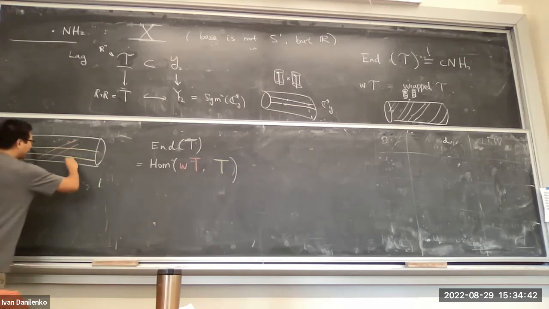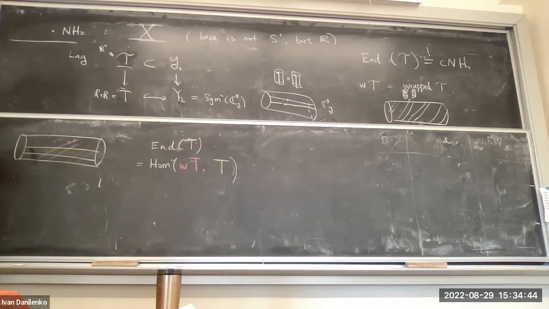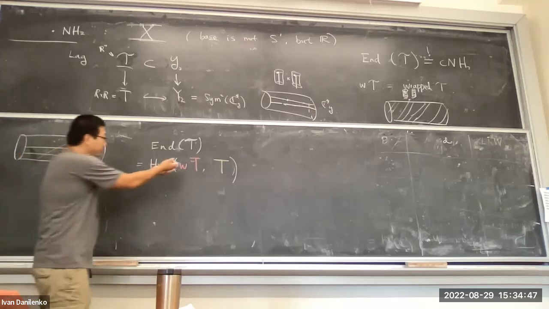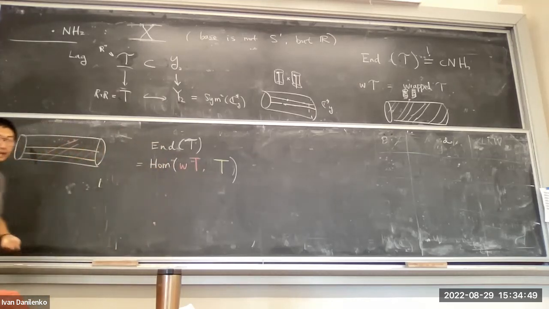An intersection between the actual Lagrangians can be thought of as a tuple of intersections of the corresponding Lagrangians.